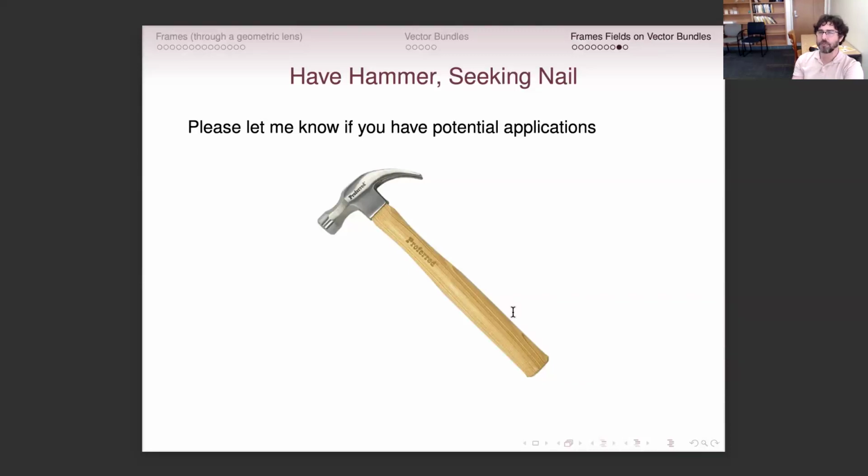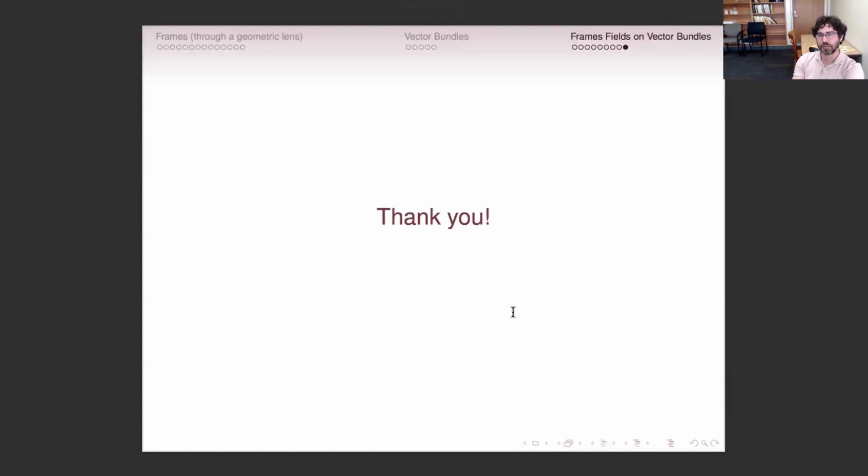But if you feel like you have any manifold-based data applications that you think might be useful to apply this to, I'll say that I'm a hammer seeking a nail, and I'd be very interested if people had things that they thought this might be useful to throw at. And with that, I'll thank you for your attention today.